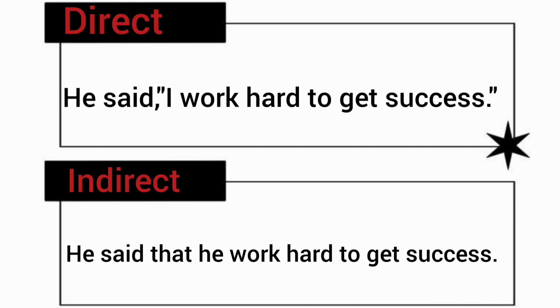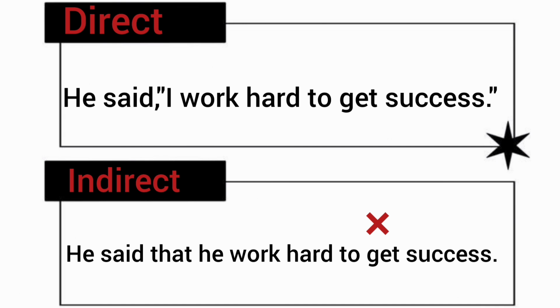Now he said that I is the first person pronoun. It is going to be changed according to the subject of reporting speech. So it will become he. Now if I write he said that he worked hard to get success, then this sentence will be out of structure. The structure of this sentence will be considered as incorrect.